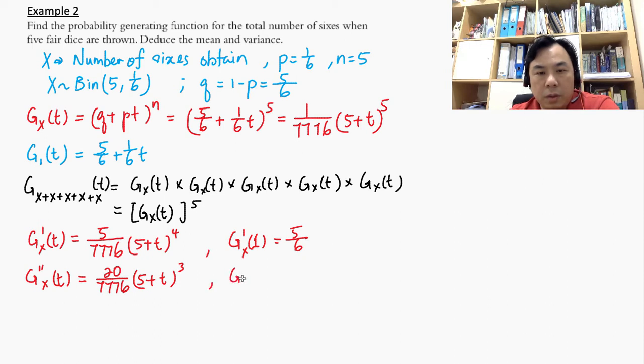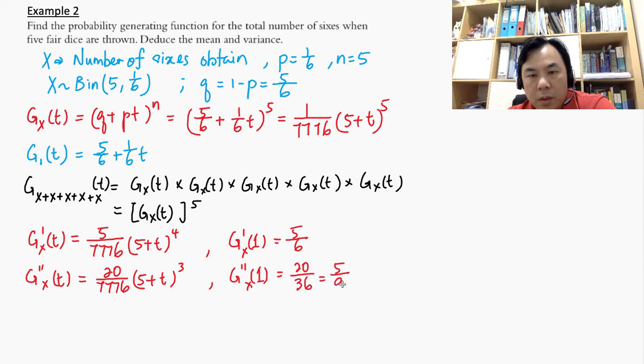Now, of course, the second derivative, by letting t go to 1, will be 20 over 36, or 5 over 9. Therefore, at this point, we can try to finalize our answer. We're going to obtain the mean. This is the summary now.